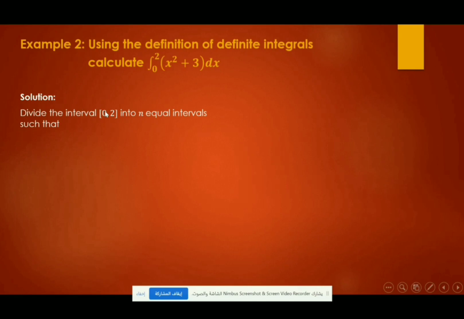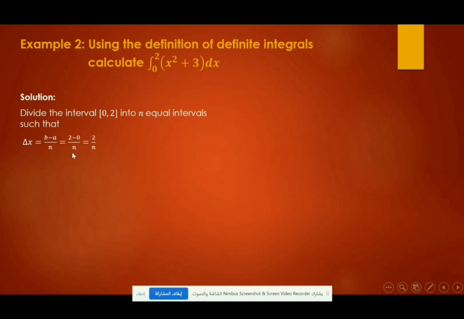Divide the interval again from 0 to 2 into n equal intervals such that the width is delta x, which can be calculated by the following rule: b minus a over n, which is 2 minus 0 over n.